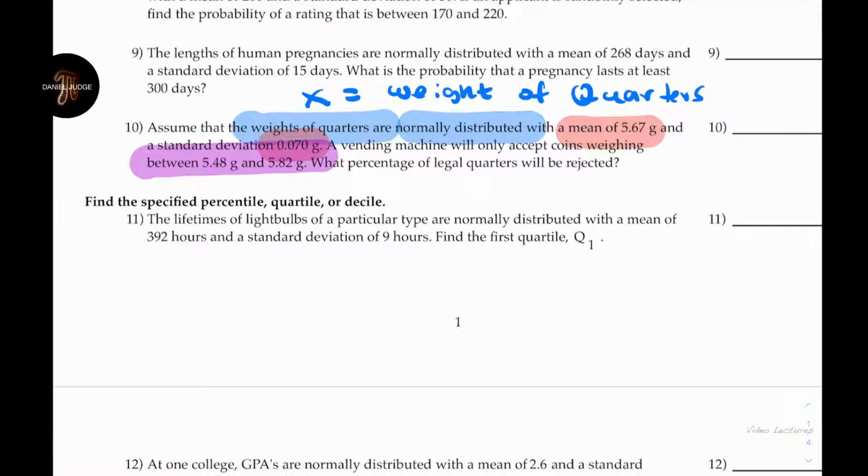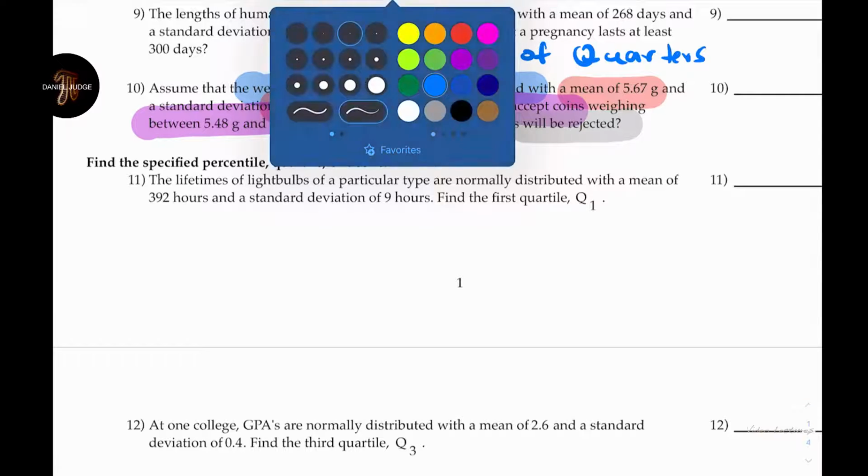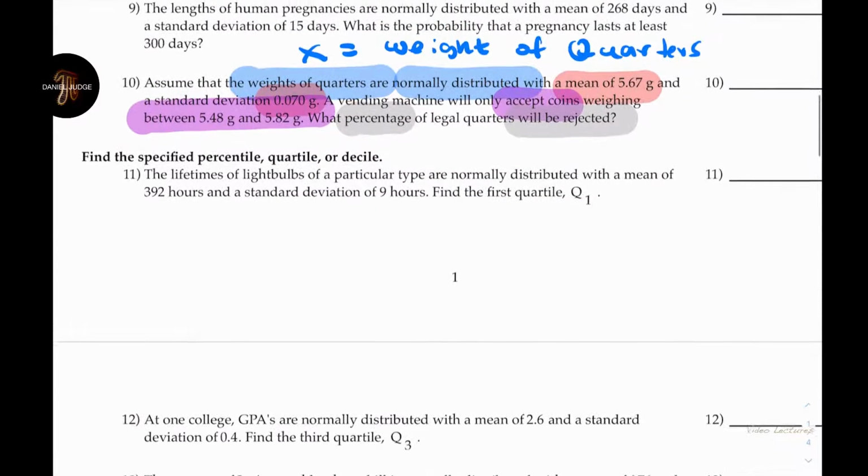So let's read this. A vending machine will accept coins weighing between these two numbers, 5.48 and 5.82. This is number 10. And then they're going to say, what percent of legal quarters will be rejected? I'm going to write it all down here, ladies and gentlemen.